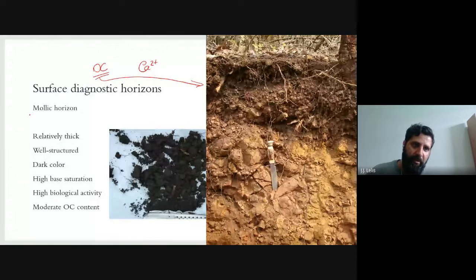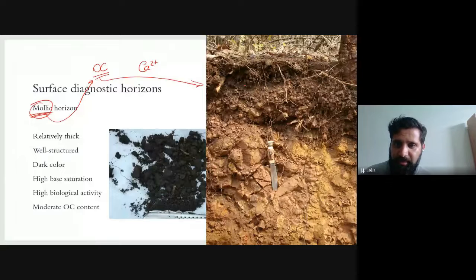So the mollic horizon is that horizon where the organic carbon present in the surface horizon is related to calcium content, because calcium forms some organo-metal complexes that reduce the action of microorganisms. So the organic carbon tends to increase or be preserved in this horizon.